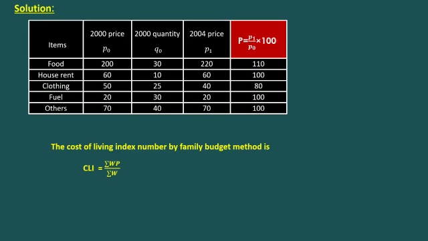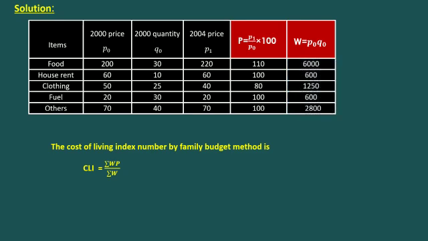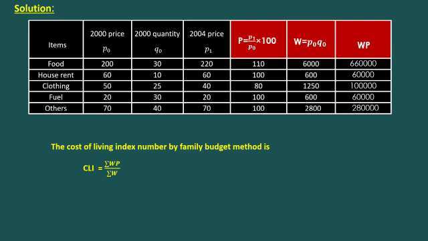Next we compute W. We know that W is equal to P0 into Q0, that is base year price into base year quantity. So we compute W by multiplying base year price and quantity for each of the items. Lastly, we compute WP for all the items.